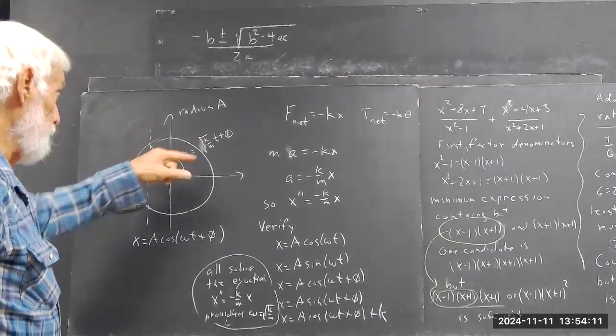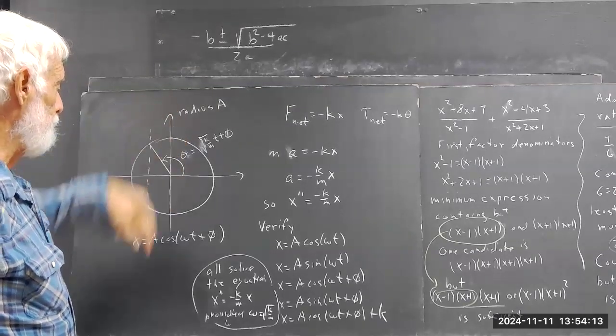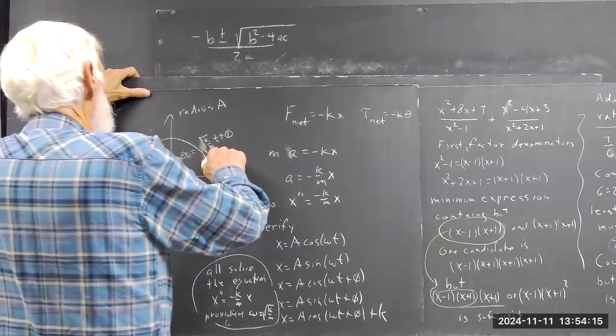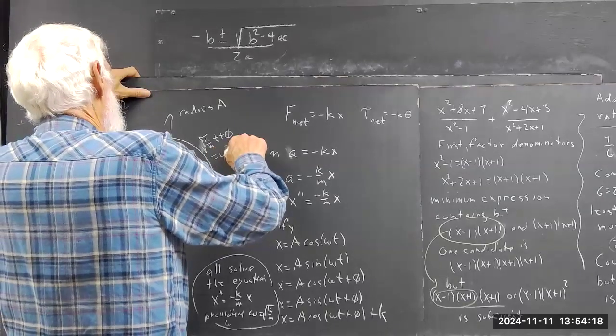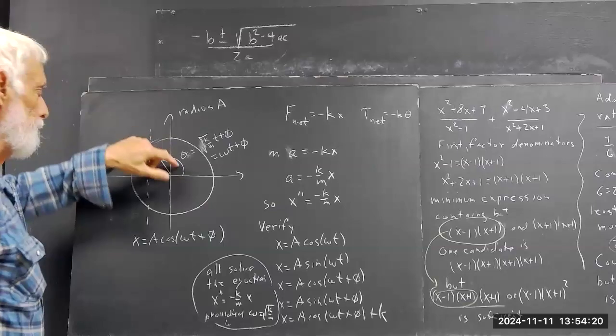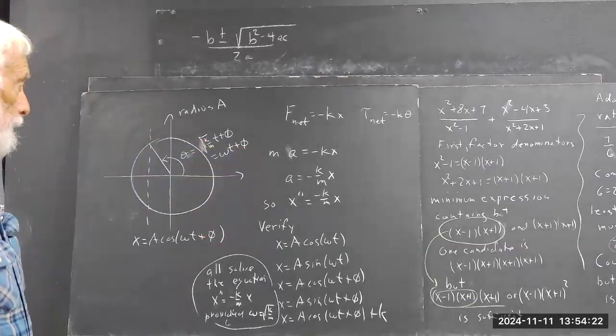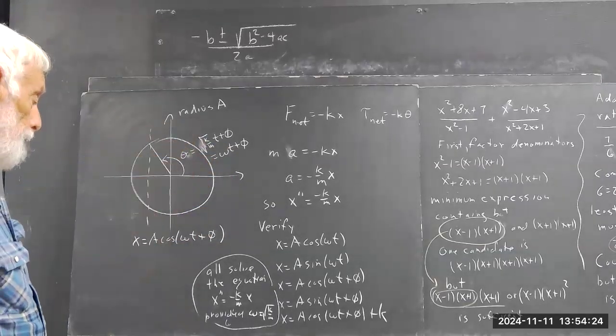Why? Because this angle is omega t plus phi, omega being the square root of K over M.